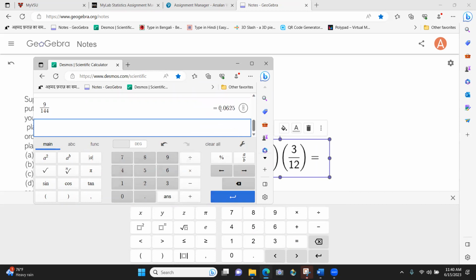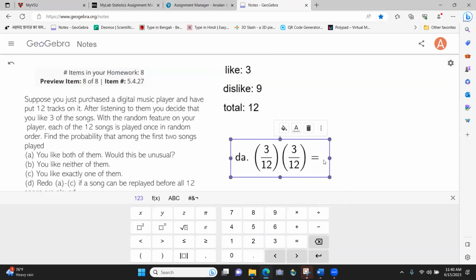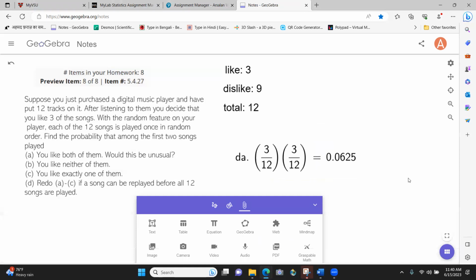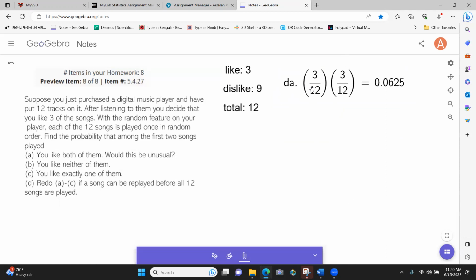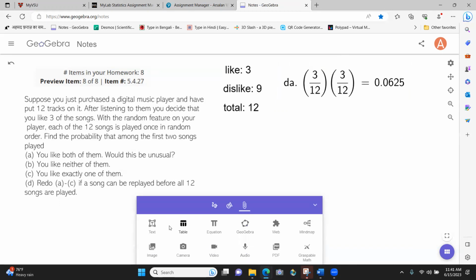So that's about this number. That's my DA. Let's try DB. So do you see why the denominator is still 12? Because it's always picking from one of the 12 songs, and the one you played was available. It can be played again.